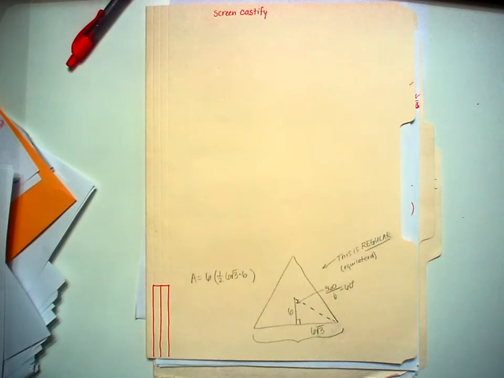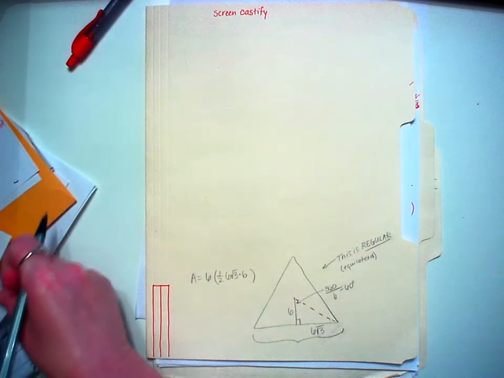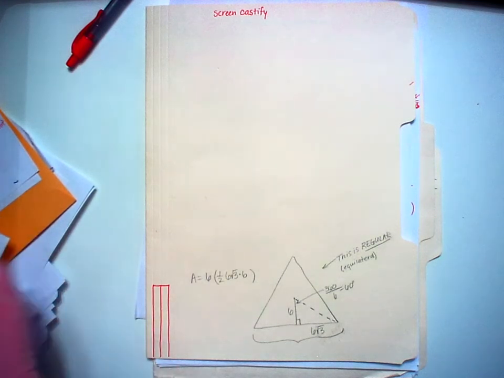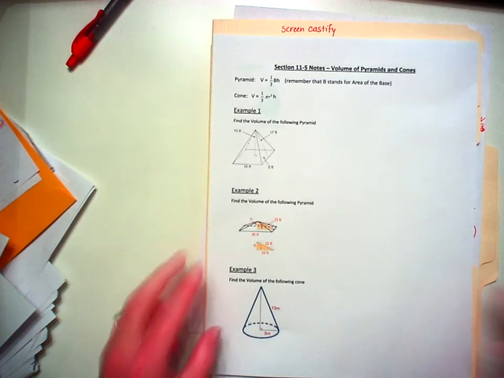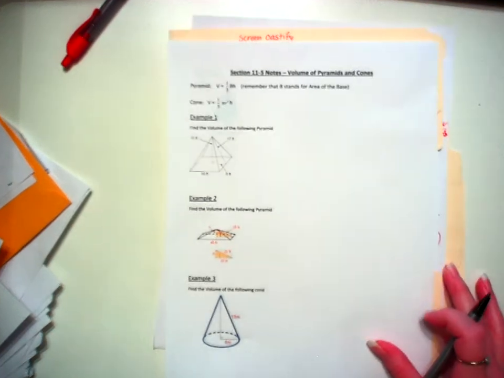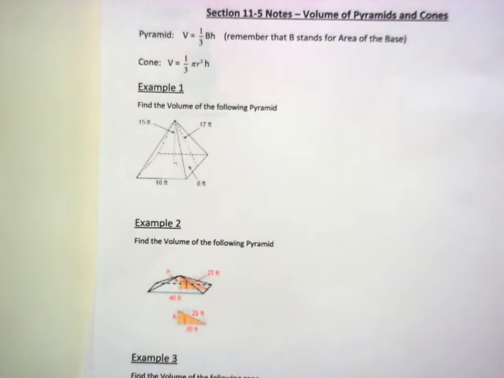Okay, so if you felt good about what we did yesterday, today is not much different at all. We are going to be finding the volume of pyramids and cones.